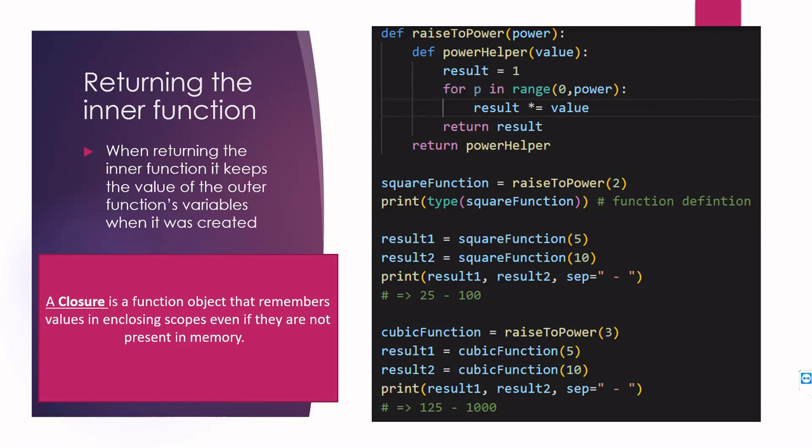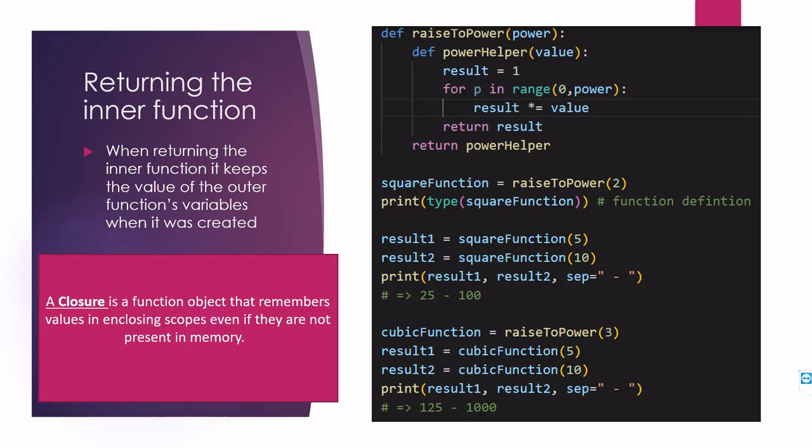Before you do the assignment, you have to finish evaluating this part. The evaluation of the function call is what returns. What returns is the address of the power helper object.